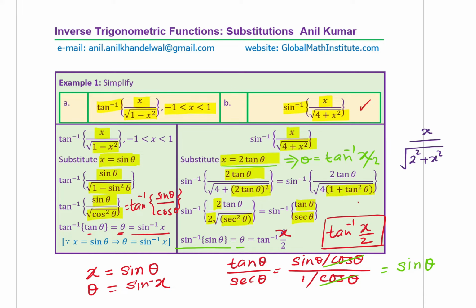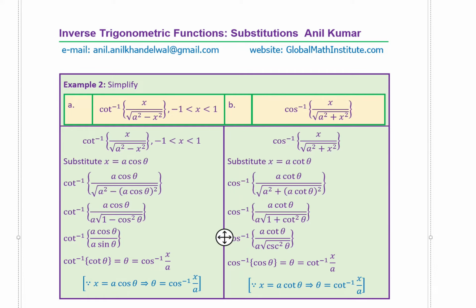Now let's take example 2, where we are going to understand the other substitution strategies. Now in this case, what do we have? We have cotangent inverse, correct? We want to get cot theta within the brackets. This is the whole strategy. Perfect. Now the question is cotangent inverse of x over square root of a square minus x square, where again the domain has been restricted, it should be plus minus a, right?